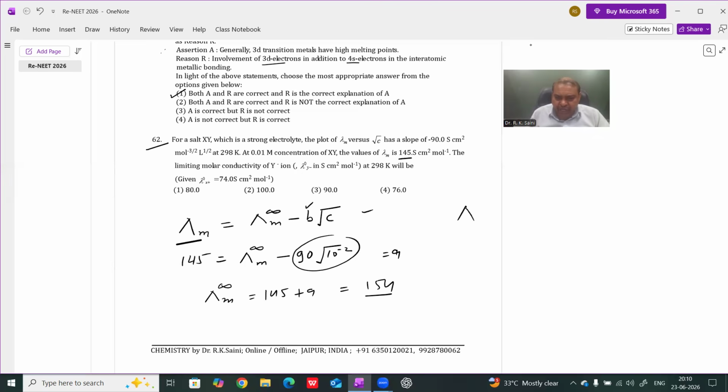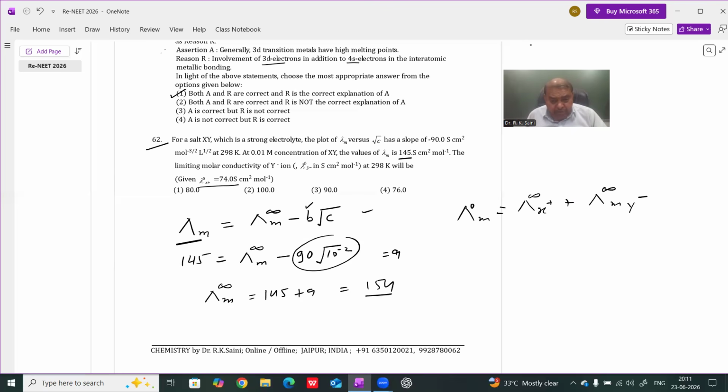Now we know that the limiting molar conductance of the salt is the sum of the limiting molar conductance of cation X positive and the limiting molar conductance of anion. The value of limiting molar conductance of cation is given.